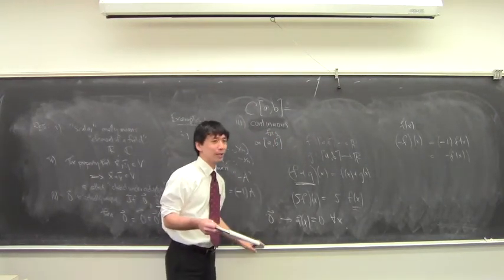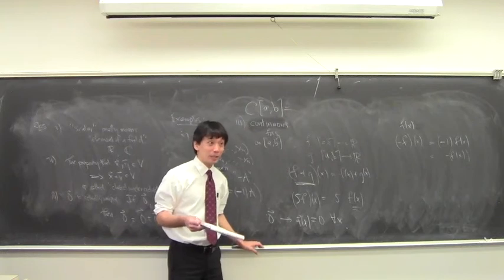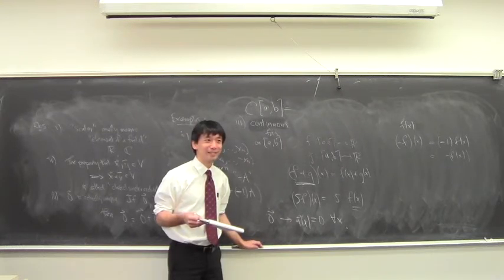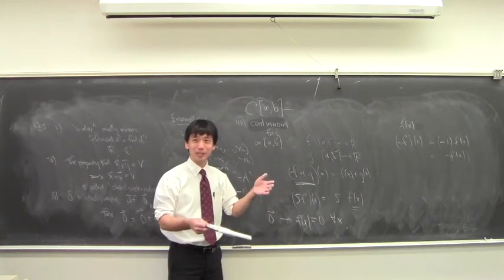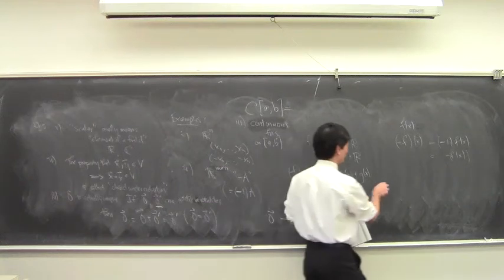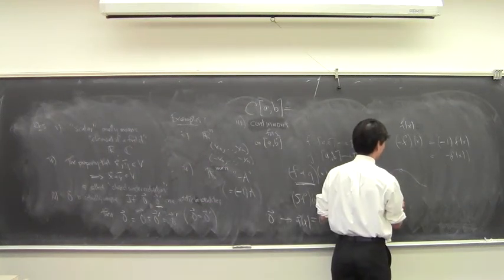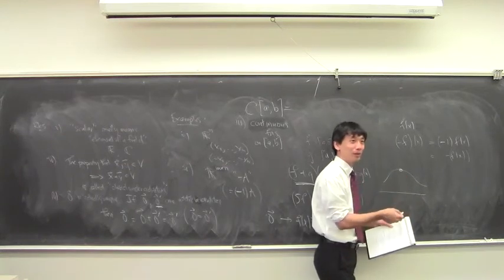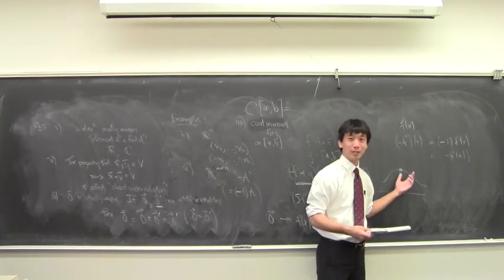But if I said, is the space of discontinuous functions a vector space? The answer is no, and the reason is that you can add two discontinuous functions together and get a continuous function. If I have one function that has a hole here, and then I have another function which has value 0 everywhere except at that hole, I add them together, I get a continuous function.